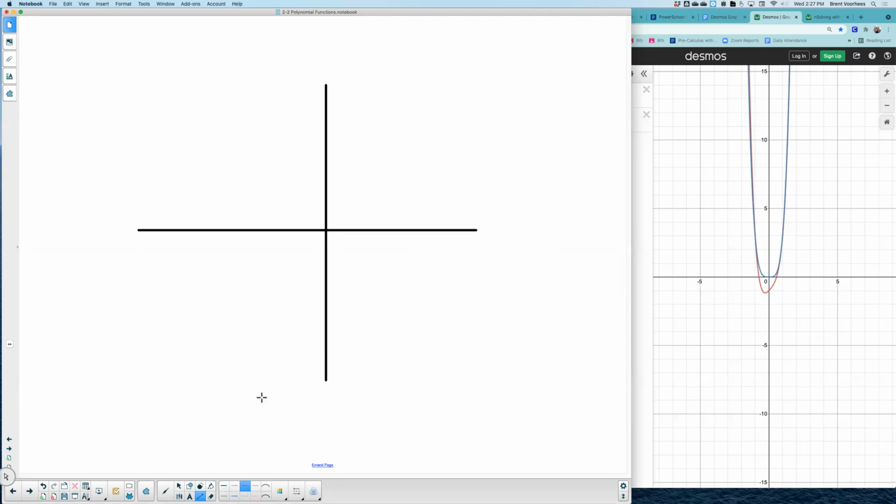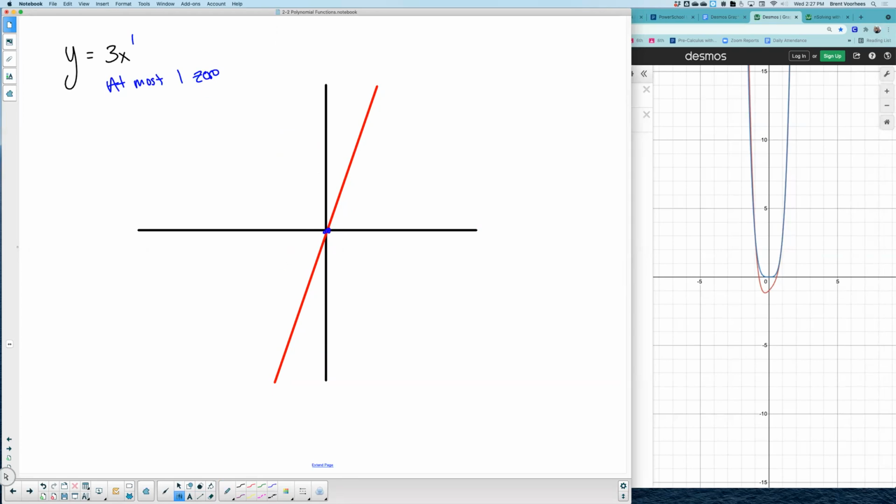Let's just say your equation was y equals 3x. It would look something like this. Here's y equals 3x, give or take. What's the power over here? 1. That means it has at most 1 zero. Does this graph have a 0?